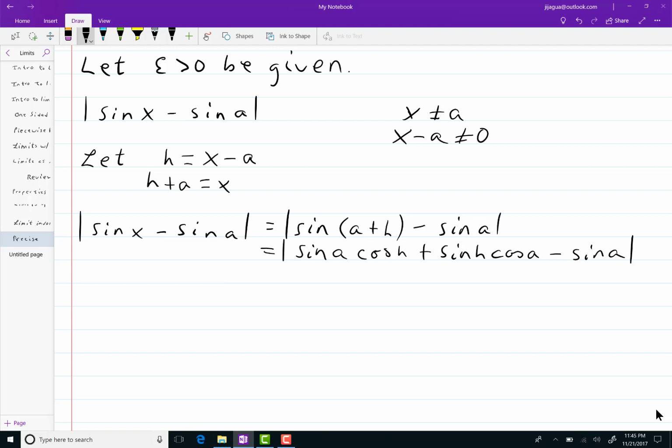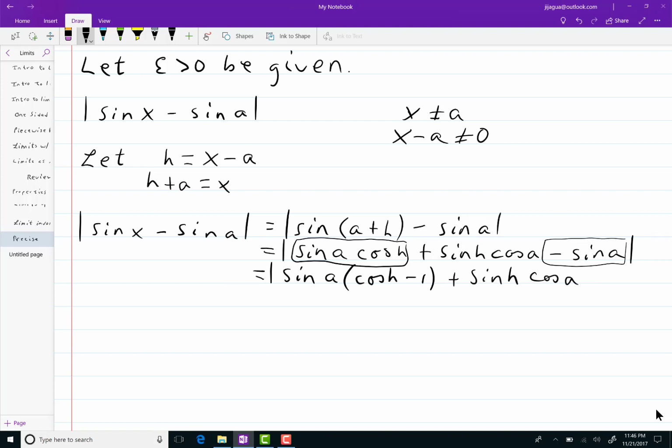Then let me gather some things and do a little factoring. We have sine of a times cosine of h minus 1. What I've done here is I've taken this term and the negative sine of a, put them together and factored out a sine of a, plus sine of h cosine of a.